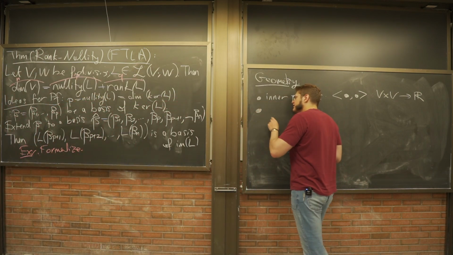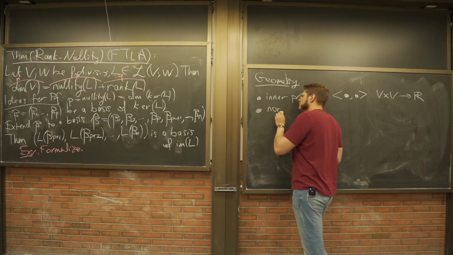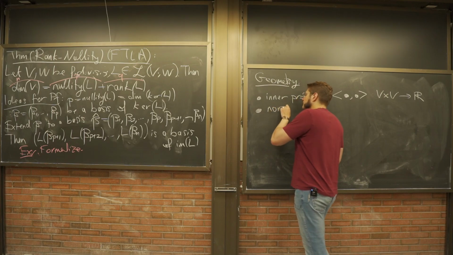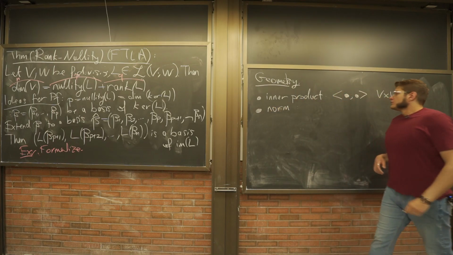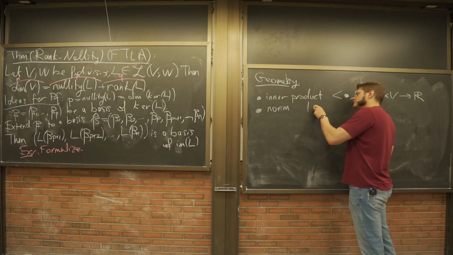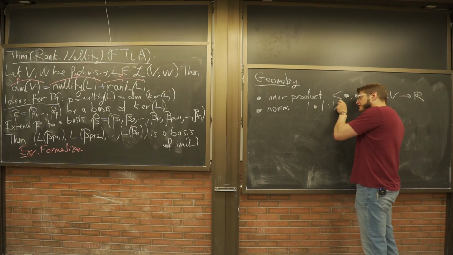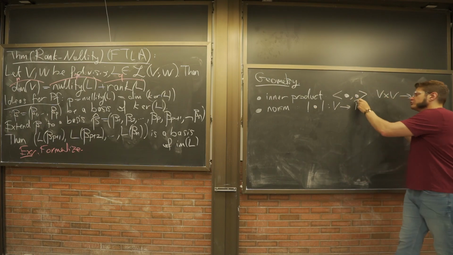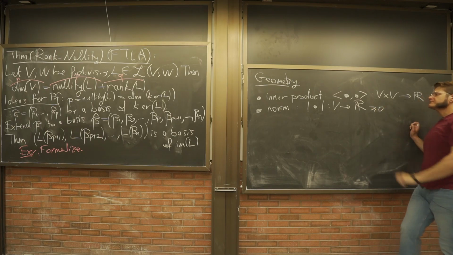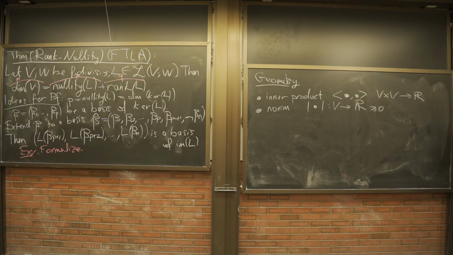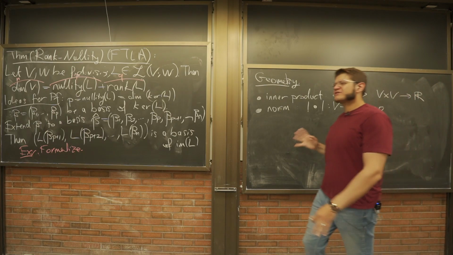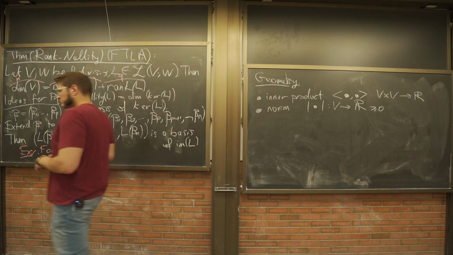The second is what is called norm. This is a function that takes a single vector and produces a non-negative number. So this is approximately something like magnitude.